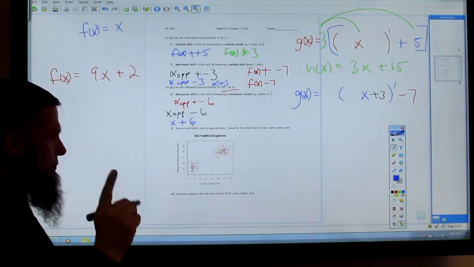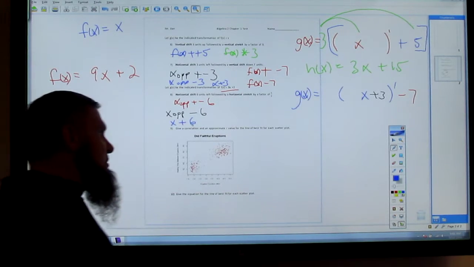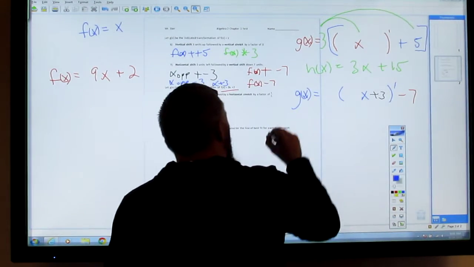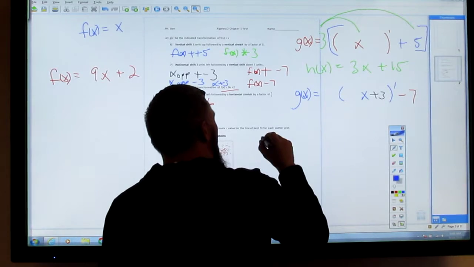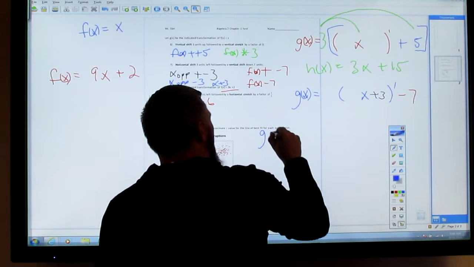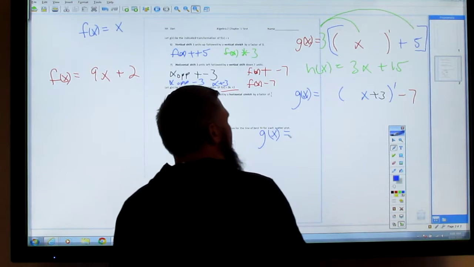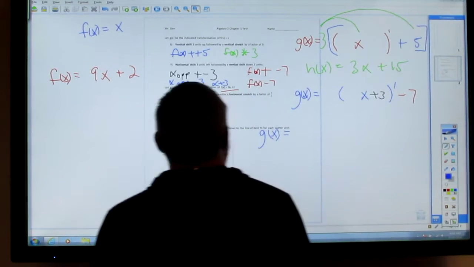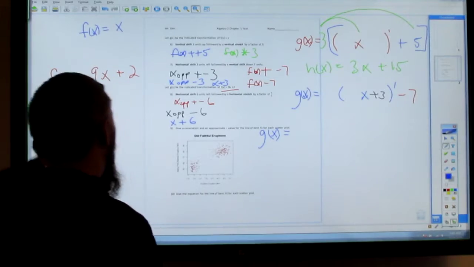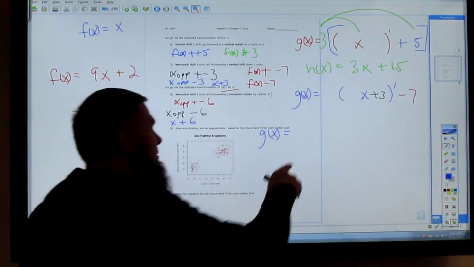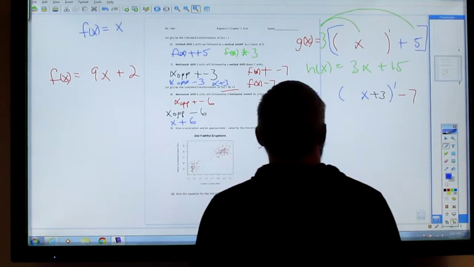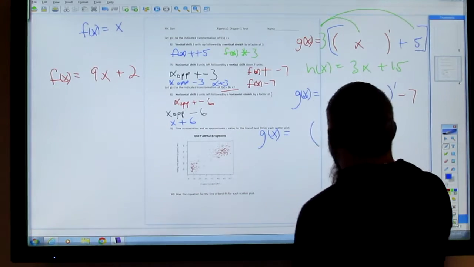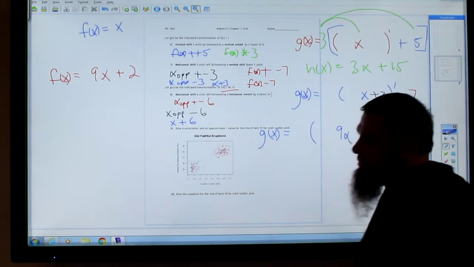Okay. I'm going to write a new g of x. This g of x, I'm going to write it down here just to get it away. G of x is equal to, move this a little bit over. I'm going to need some space. Parentheses. Space. 9x.